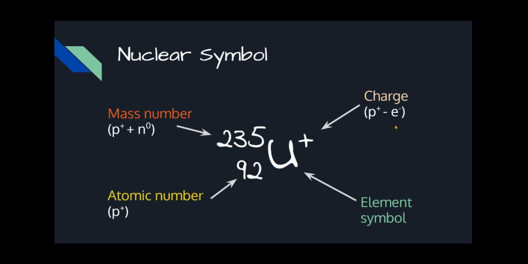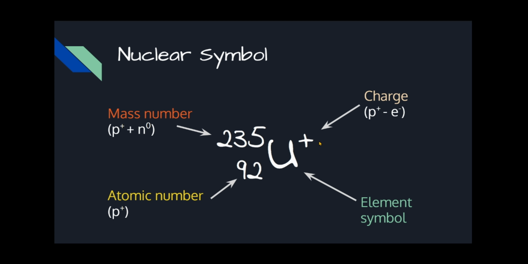So in this case, this is an ion of uranium, and it has a charge of +1. Just like in math class, we sometimes don't put the 1 in front of the x. Same thing here in chemistry. If there's a charge of +1 or -1, you won't always see the number here. Sometimes, again, we're lazy, we'll just put the plus or the minus.